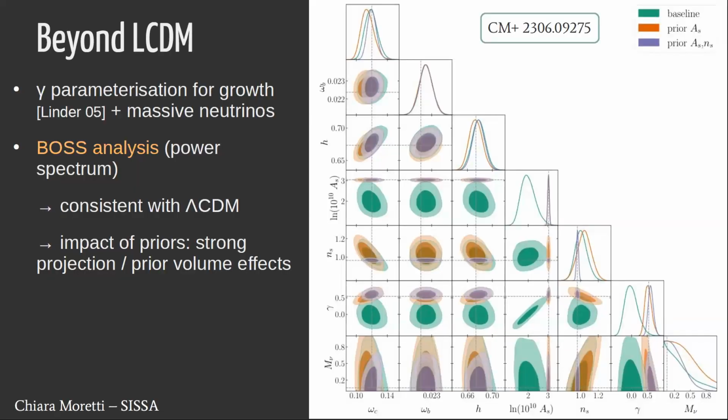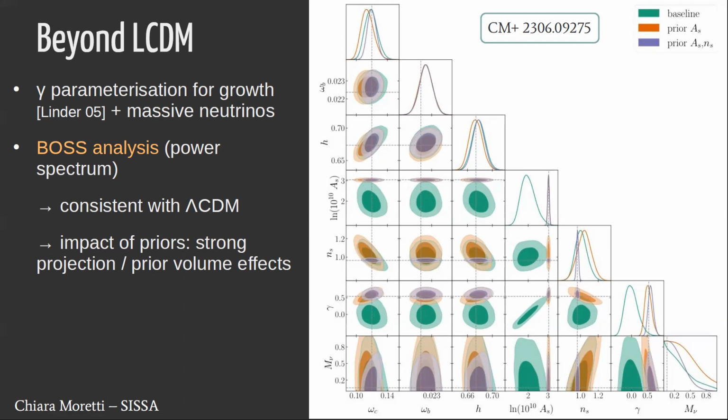And so the last thing we did, this is a paper that we put out a couple of months ago. We did again the BOSS analysis, considering then another model. In this case, we used a commonly used parameterization for the growth, which is this gamma parameterization, combined with the presence of massive neutrinos.